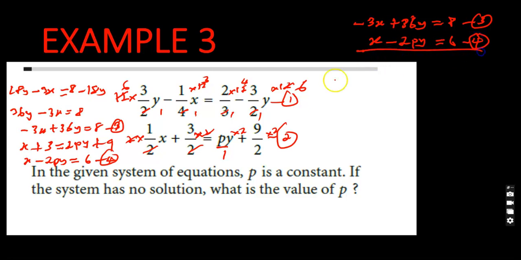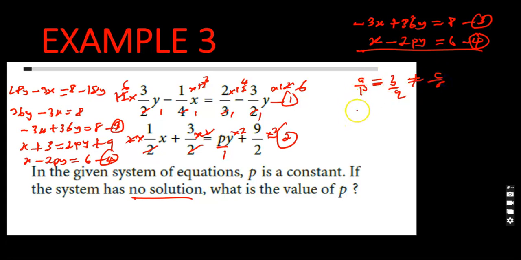So the question is, find the value of p for which this has no solution. For no solution, don't forget that you're going to have a over p equals to b over q, that means it's not equals to c over r. So let me use it.